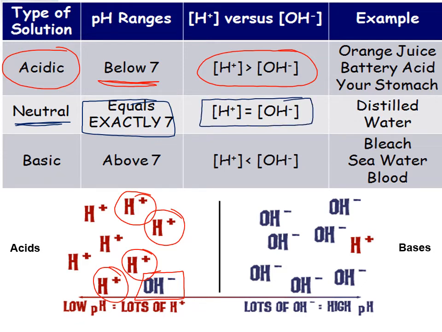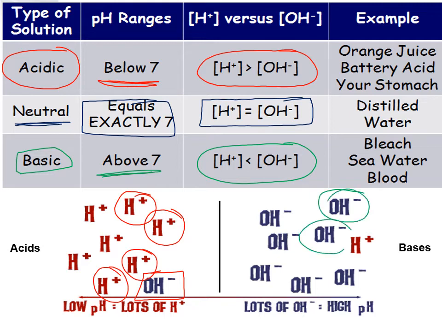Water is exactly neutral. And then basic solutions. Basic solutions have a pH above 7, and they have more hydroxide than hydrogen ions. And so down here is a picture of a base, lots of OH, just a little H.